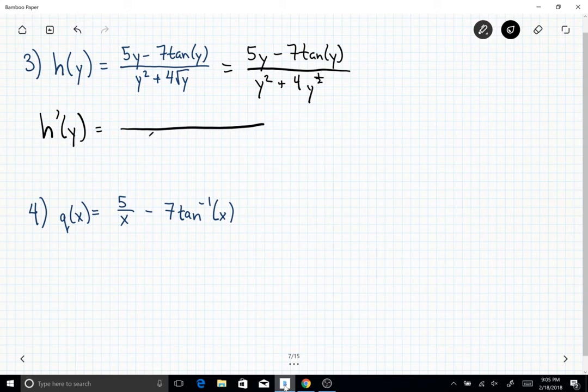So you square the denominator, y squared plus 4. I could write y to the 1/2, or I'll just keep it as square root of y for now, but that's squared. That doesn't make any changes.